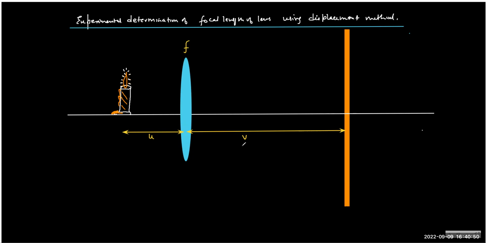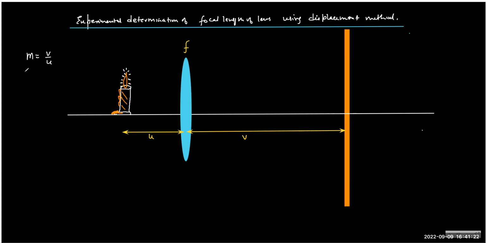Now, can you tell me which kind of image will form? Magnified or diminished? What kind of image will form? So magnification is what? And you can clearly see, if you move the lens from left to right, the first image will have V bigger than U, right? Yes.